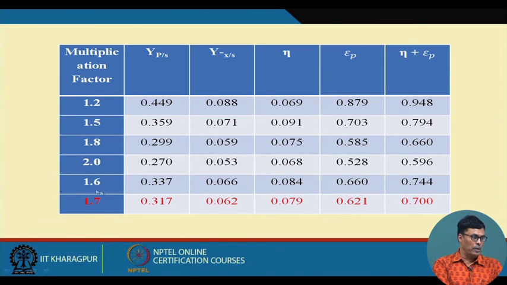We find that when we multiply the substrate concentration by 1.7, we get the epsilon p value of 0.7.